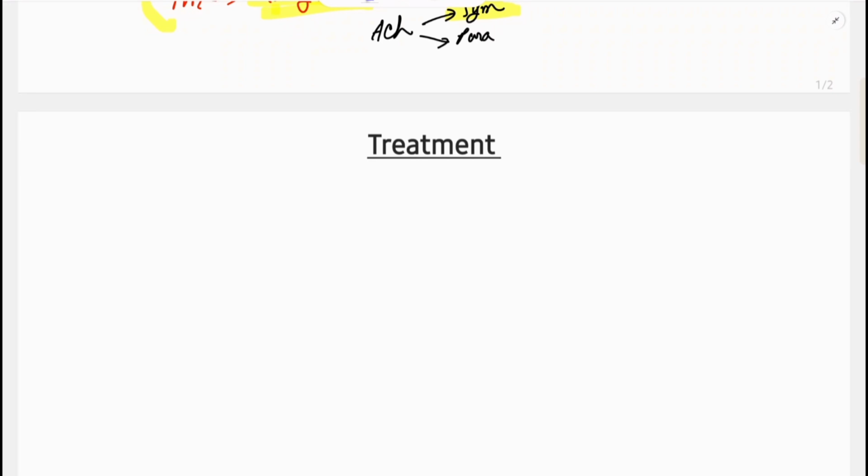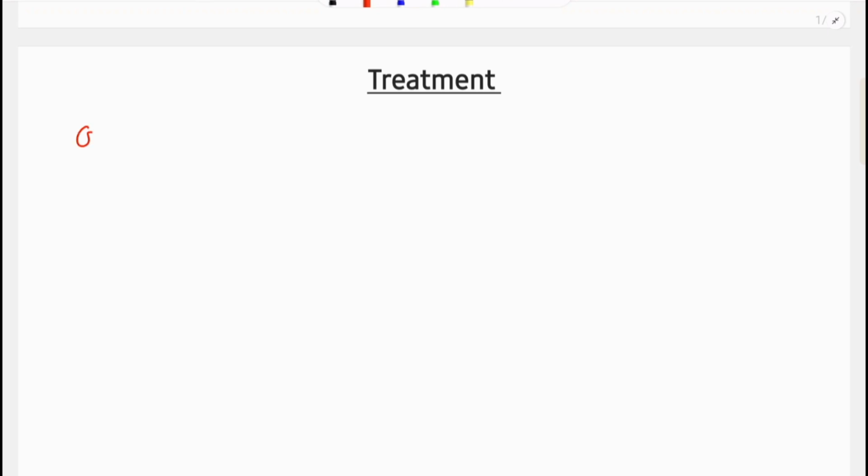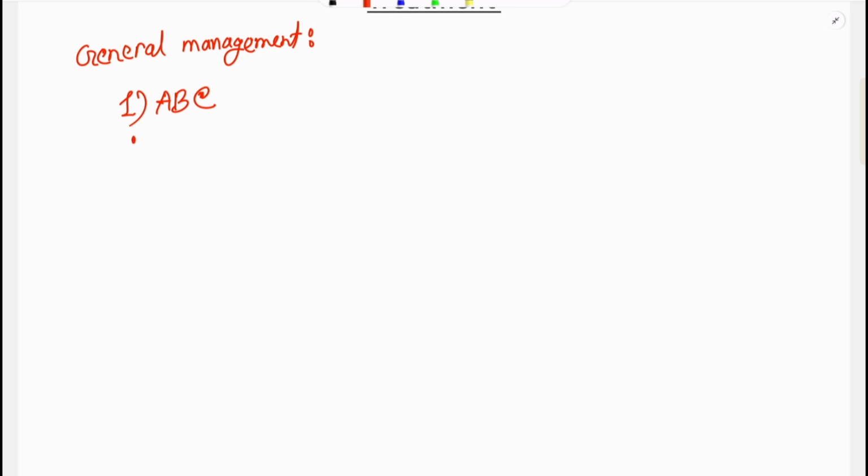Now we will discuss in detail the treatment of organophosphorus compound poisoning. When a patient comes to the emergency with a life-threatening condition, what do we do? We take some general management. At first, we do ABC resuscitation. Then, when the patient is a little stable, we take a quick and short history.